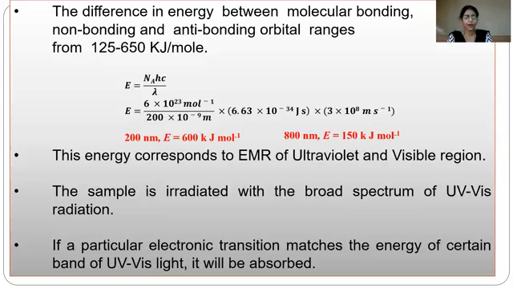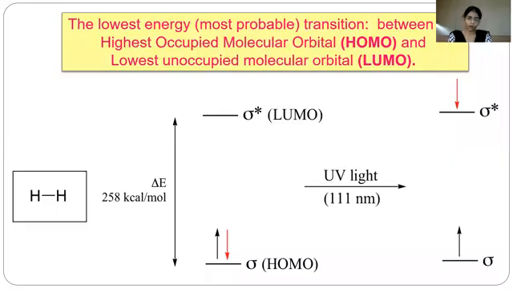If a particular electronic transition matches in energy with a particular wavelength of UV visible light of the same energy, only in that condition will it be absorbed. When the energy from ultraviolet visible light is absorbed by a molecule, one of its electrons jumps from a lower energy state to a higher energy state.